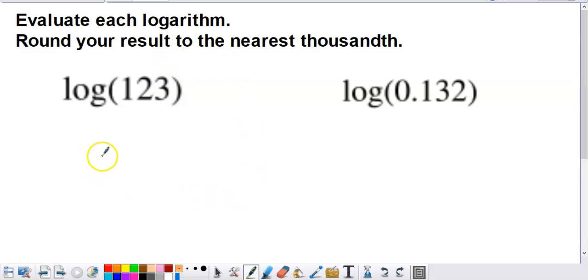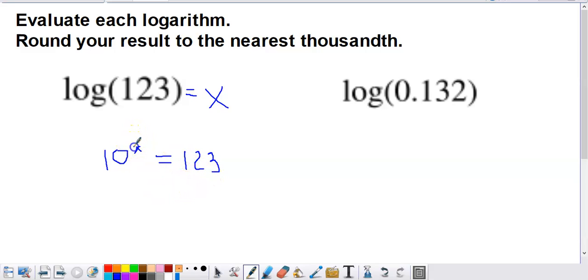Now, I'm not wrong to consider what I'm about to do here if I think, hey, this is equal to x. So what I'm going to do is I'm going to realize this is a common logarithm. So if I take 10 to the x power, what power do I raise 10 to, to get an answer of 123? Well, there's not a nice power to put on this x that gives us an answer of 123.